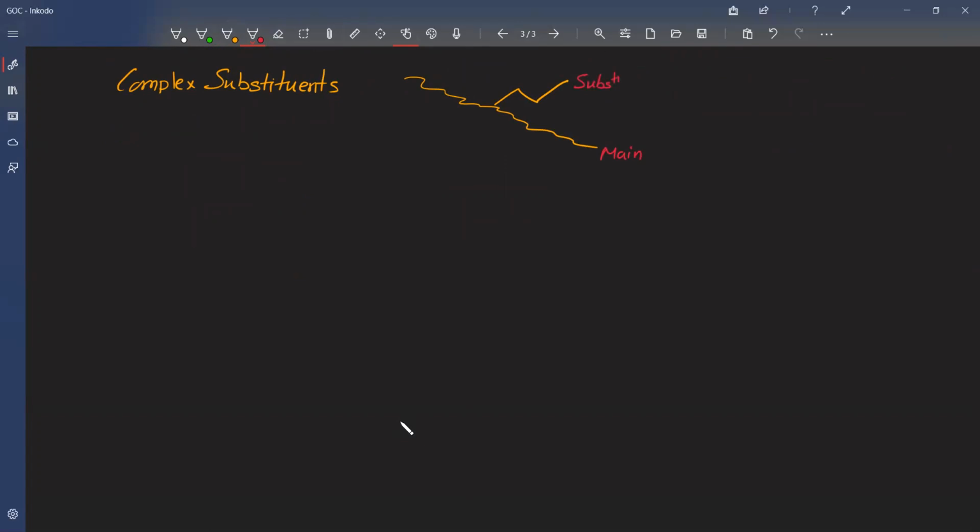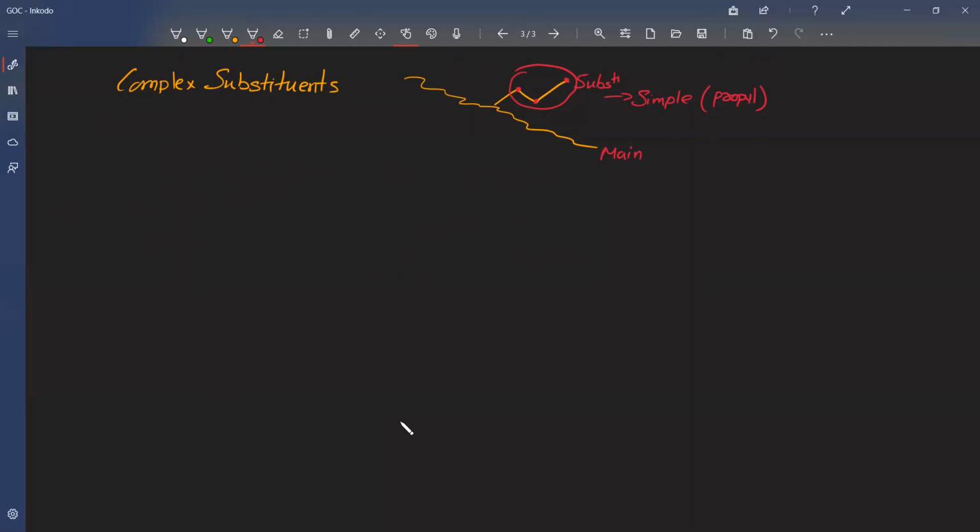So here it's a simple chain. It's a simple single chain. So this is a simple substituent, right? Where there are 3 carbons, and that's why this will be called a propyl group, right?